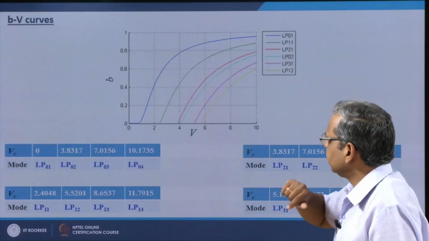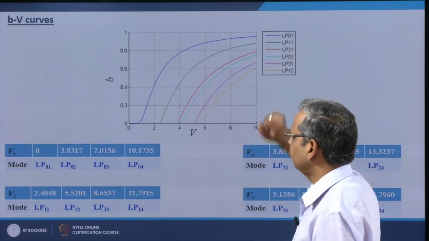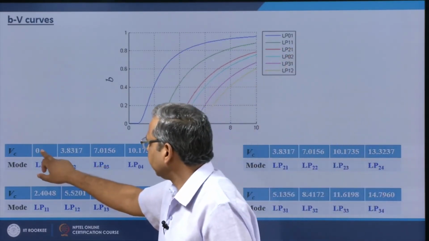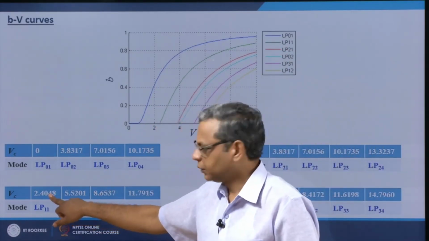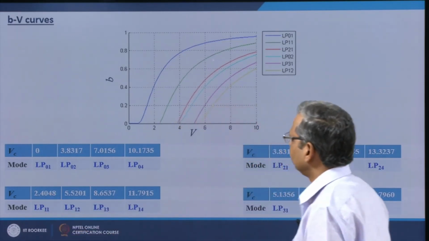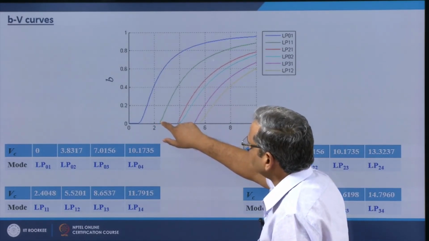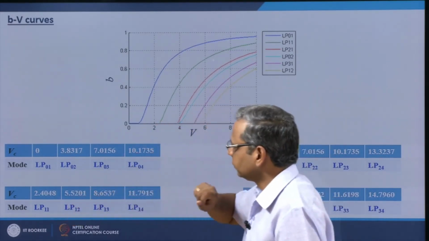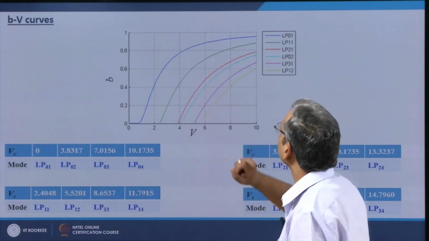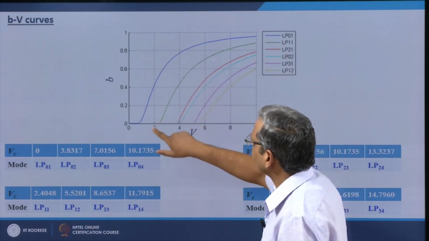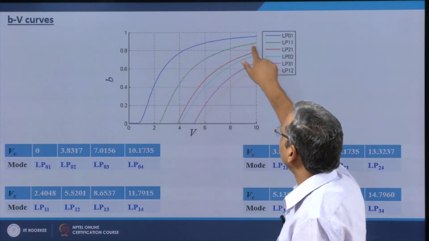Now, what I see is that the next cutoff appears for LP11 mode. So, this is 0, the next number is 2.4048, which corresponds to LP11 mode. So, now I plot the propagation constant of LP11 mode, that is the highest root corresponding to L is equal to 1, with respect to V, and it goes like this.